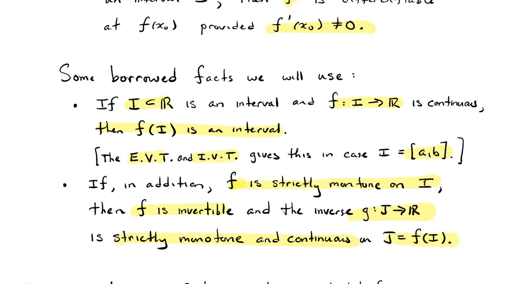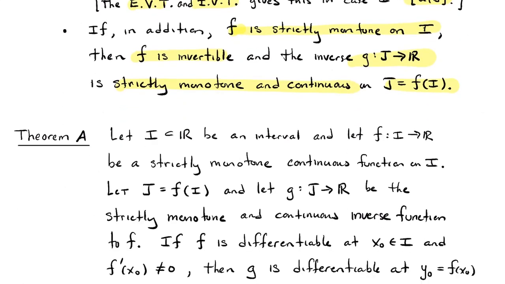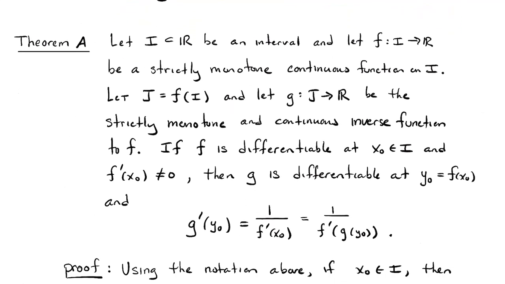Okay, so we're going to just use those. I'll refer to them below as our borrowed facts. You can ask me about them in an office hour, or better yet, prove them yourself. They're within your reach. Okay, so here's the first theorem.